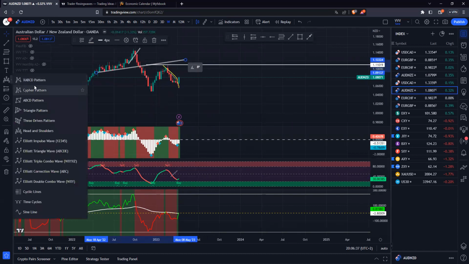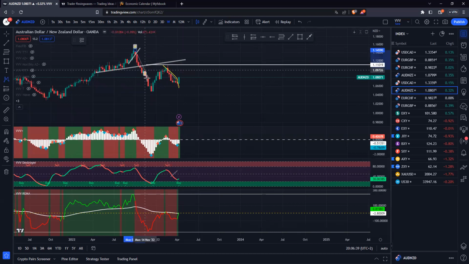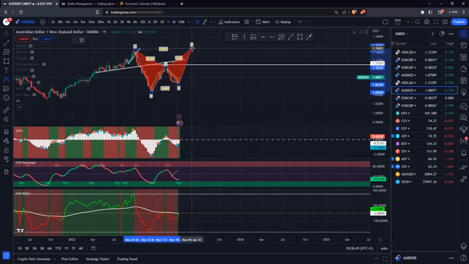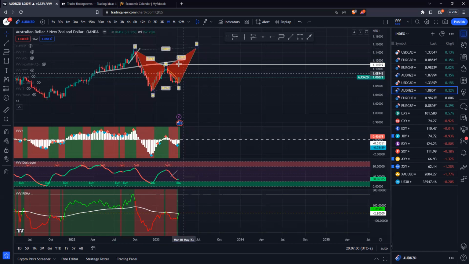You know, I like the XABCD patterns. I love to see that. Something like this would be nice.